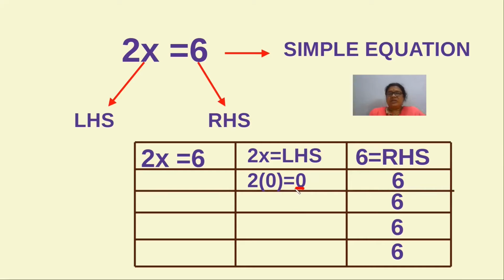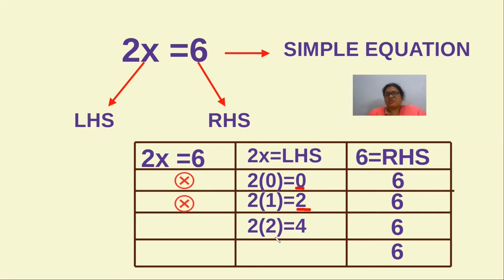Are they equal? No. LHS is 0, RHS is 6. So this 0 is not possible. Right? Next, we will put 1. 2 into 1 is equal to 2. Now, are LHS and RHS equal? No. In this case also, they are not equal.